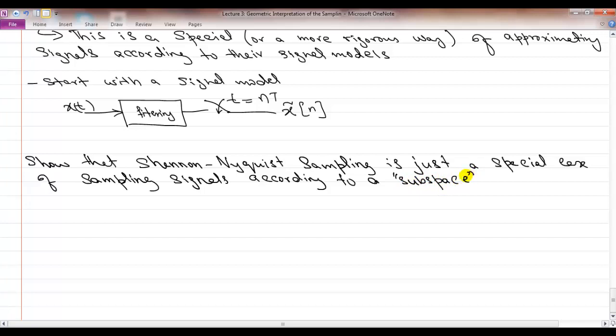And I'm putting subspace in quotes because we really have to define what we mean by these terms.